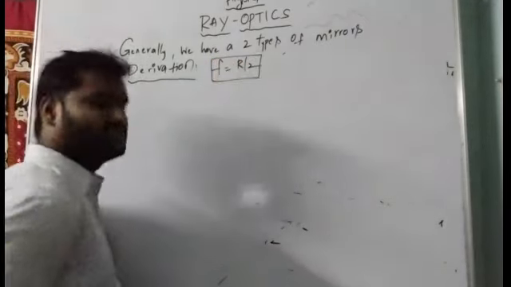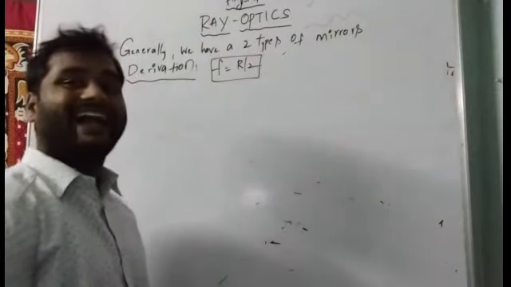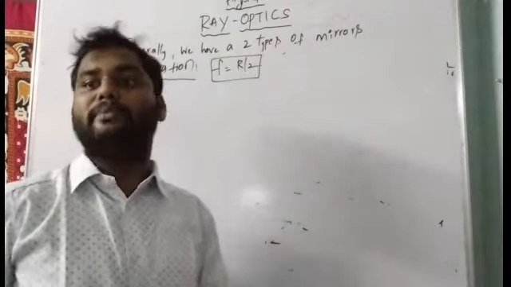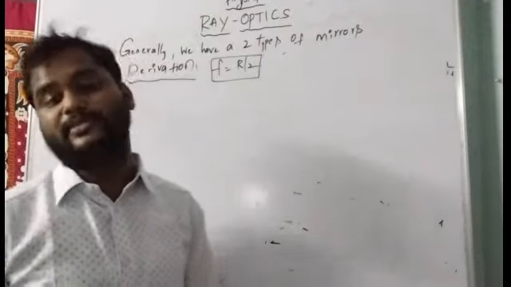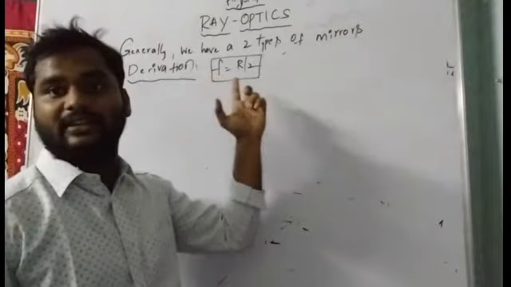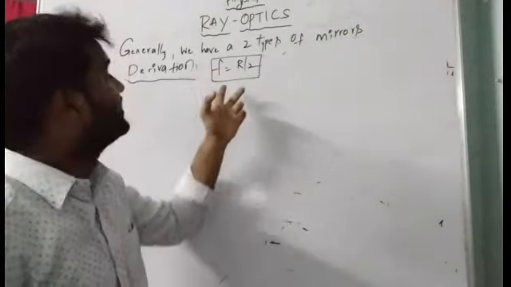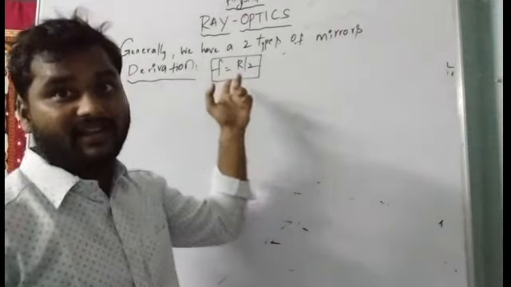How does it become F equal to R by 2? For this purpose I need to take one mirror, because it is the concept of a mirror. Where exactly is the focus? In one mirror. Regarding the mirror, it is the matter from the mirror.